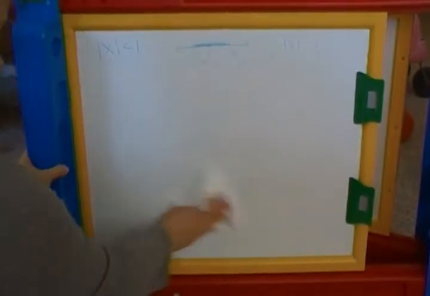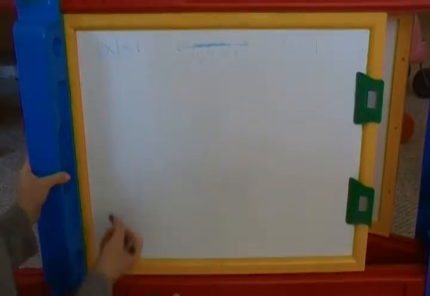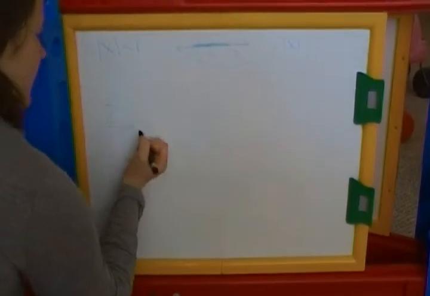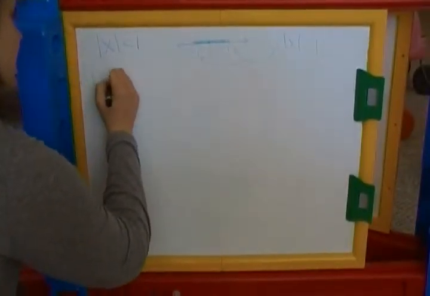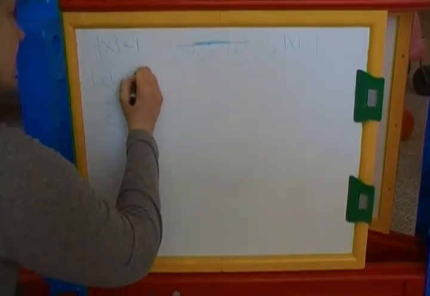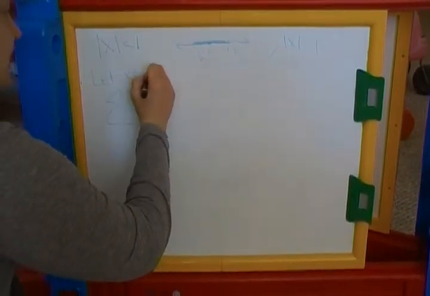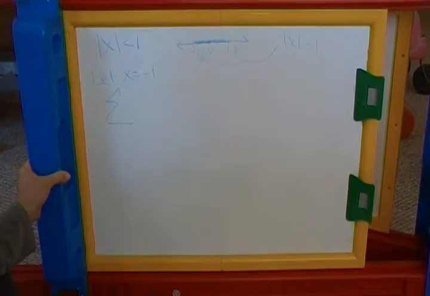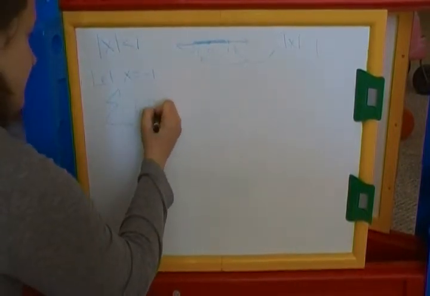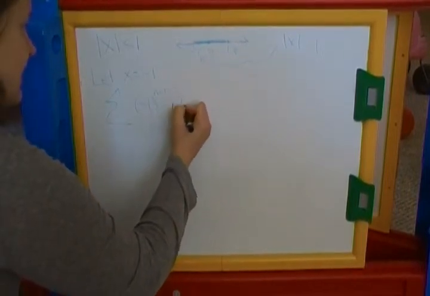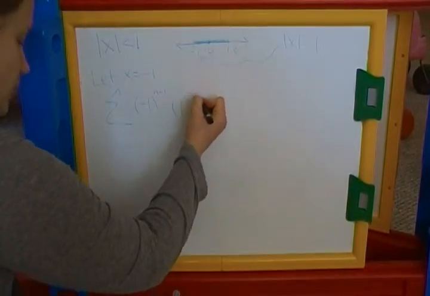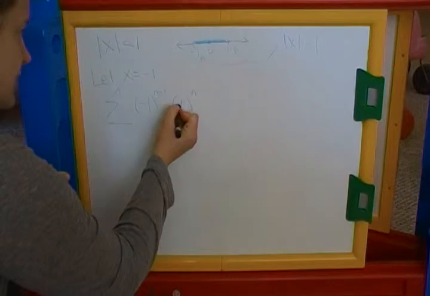So what we do is we go back to the original series, and everywhere we had an x, let's check where x is -1. So rewrite the series, and instead of writing an x right here, I'm writing a -1.